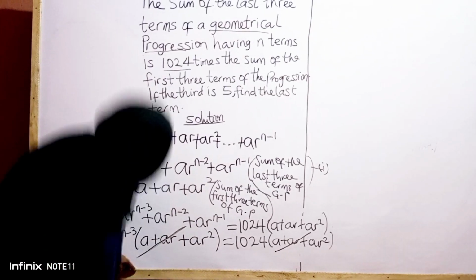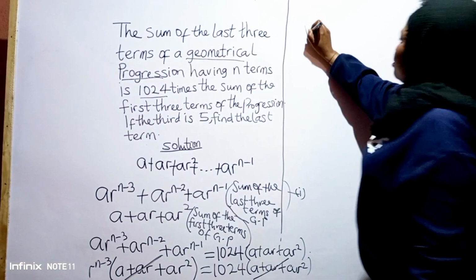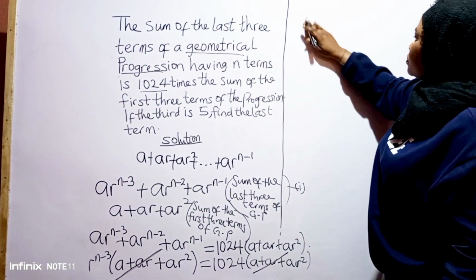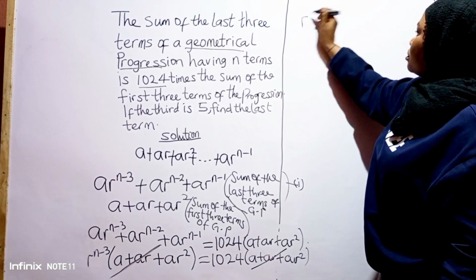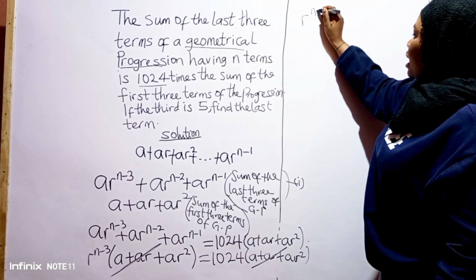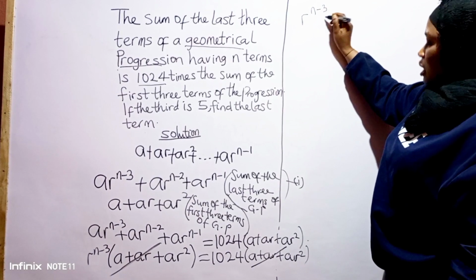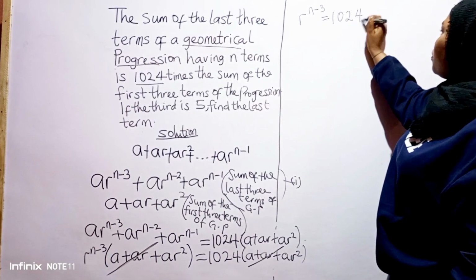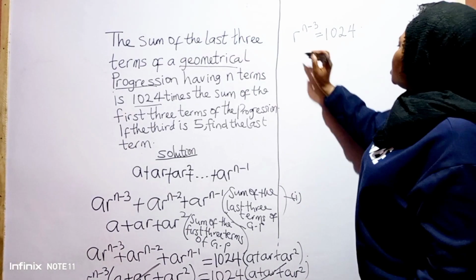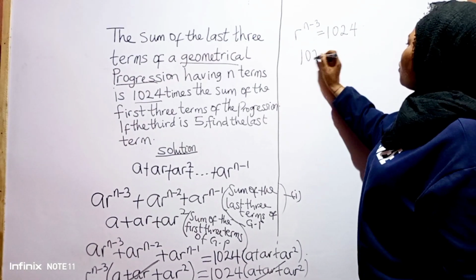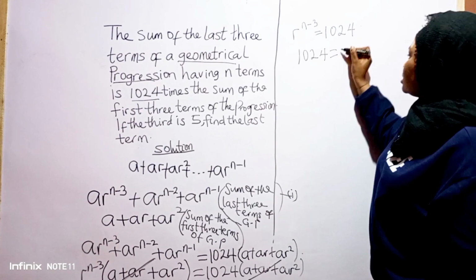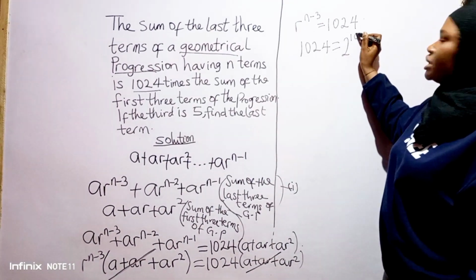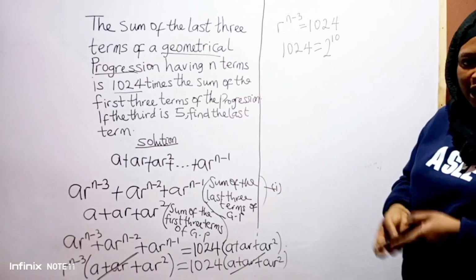So I'm left with r raised to the power of n minus 3 is equal to 1024. This 1024 is the same thing as 2 raised to the power 10. You can check your calculator.